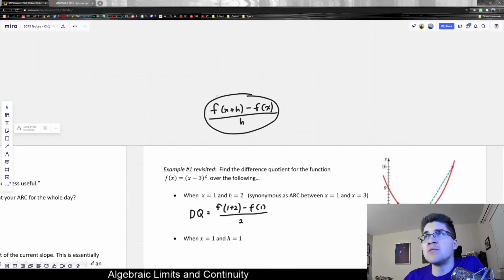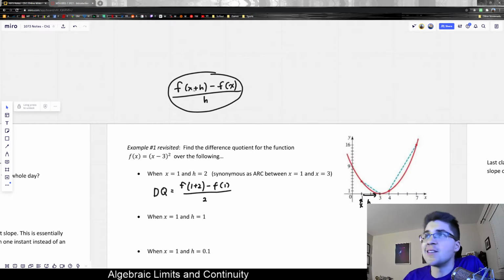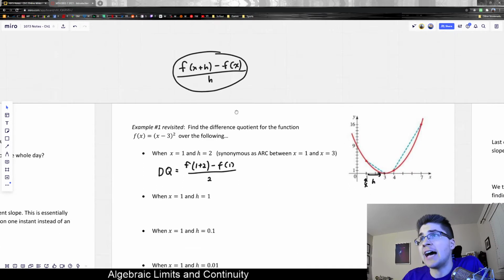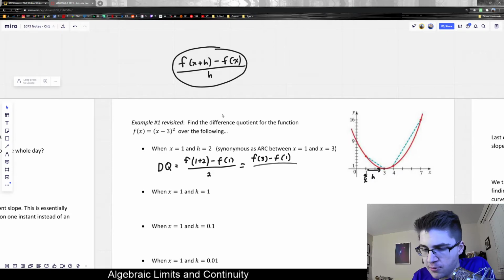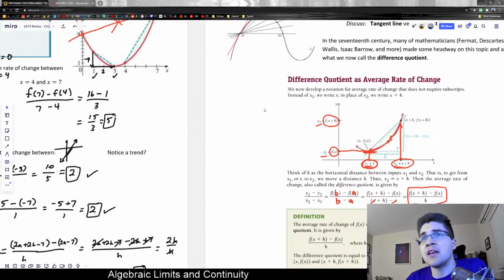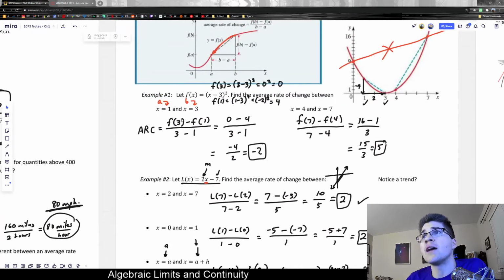Well, this one is more useful for purposes of calculus, and we will be talking about this in the next live class. Basically, we'd end up having f of 3 minus f of 1, divided by 2.